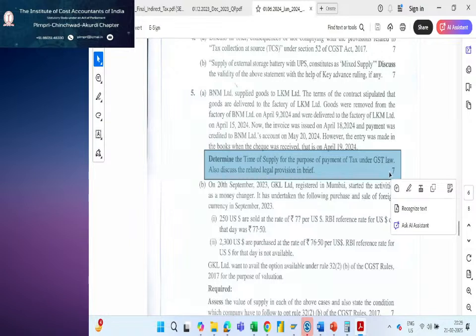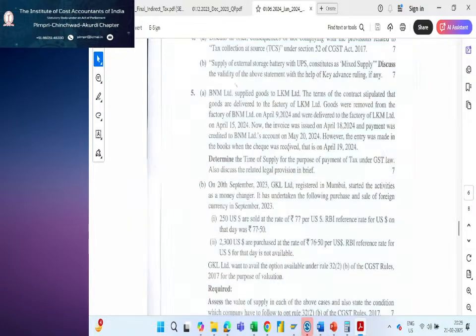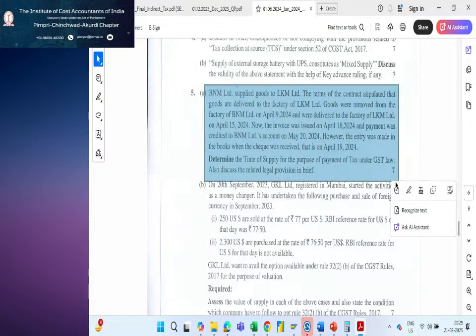The time of supply which we have seen already, but I'm not sure we will remember all those points. So whichever is earlier, that we should check; we should know what are the 3 things we should consider for the different types of scenarios, and out of that which one is earlier, that we should treat as the time of supply.